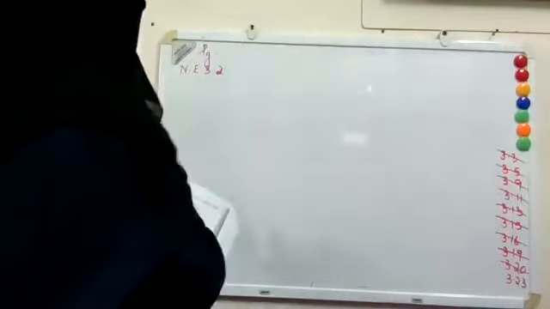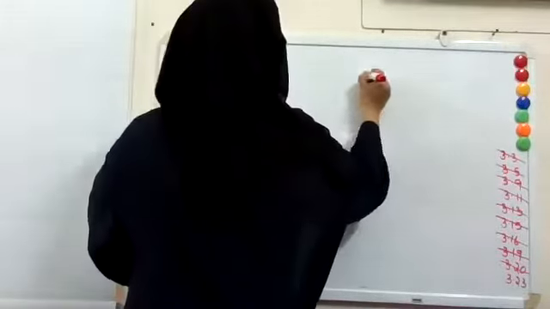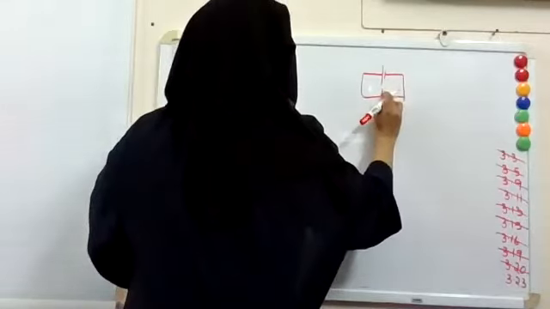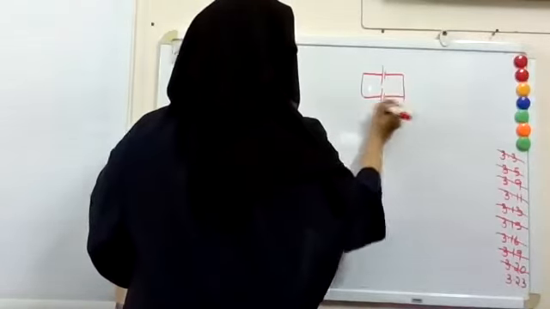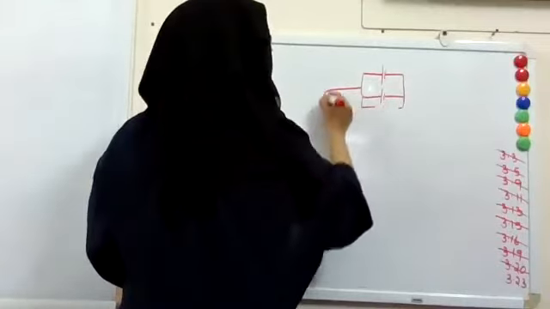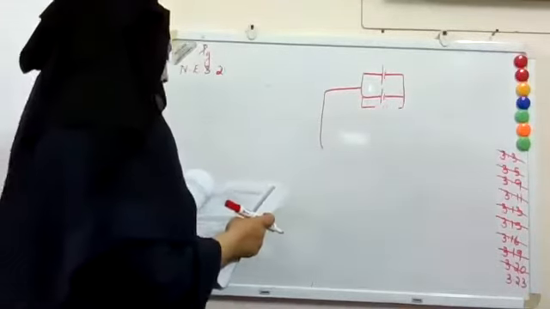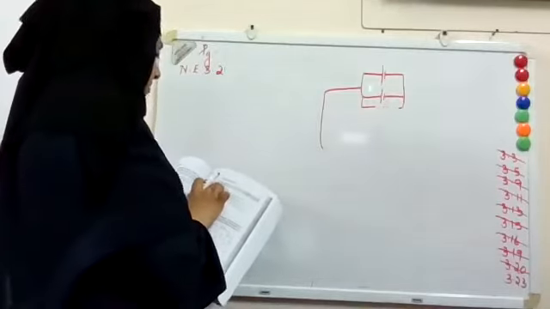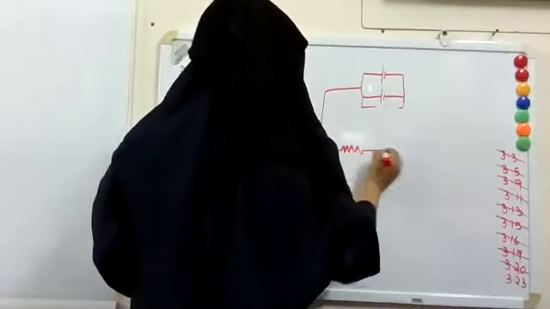I'm not going to draw all 9 cells. Instead, I will draw 2 and put a dash. There are 9 such cells connected in parallel and connected with a 1 ohm resistance.